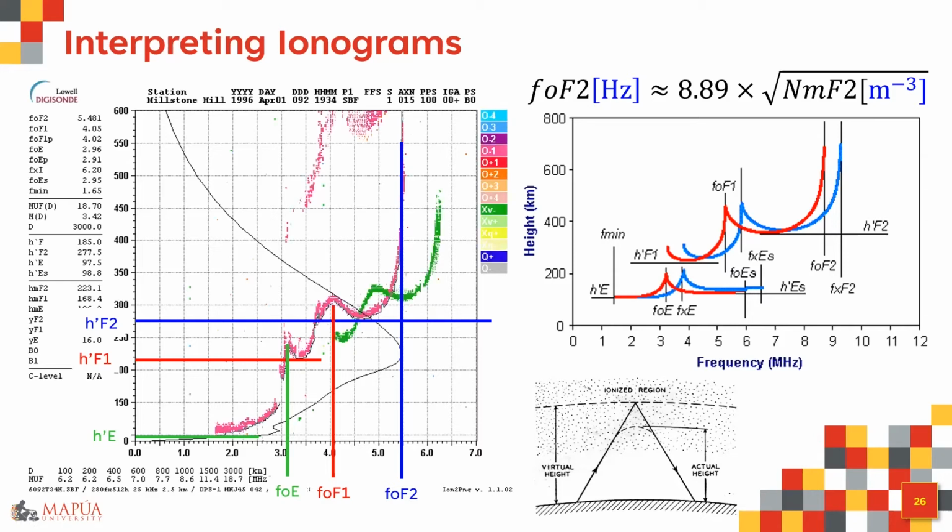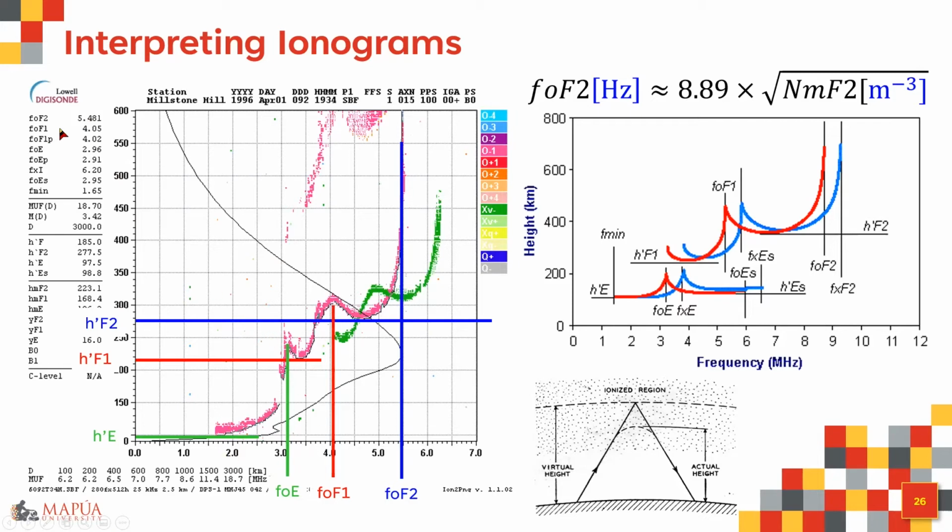This is what a typical ionogram looks like. Usually, using this Lowell Digisonde data, they automatically separate the O wave and the X wave, and these parameters are calculated automatically.